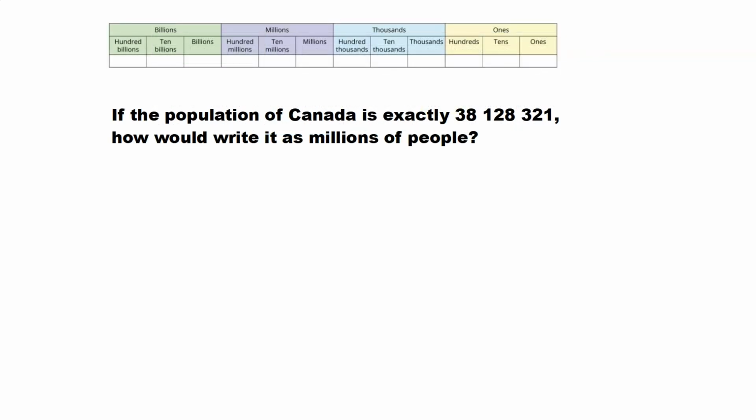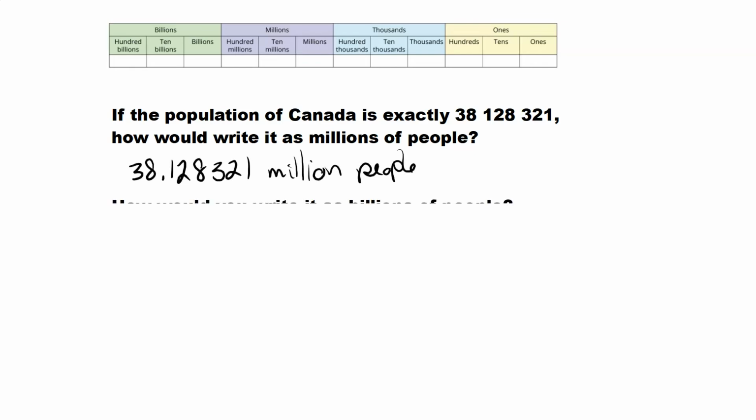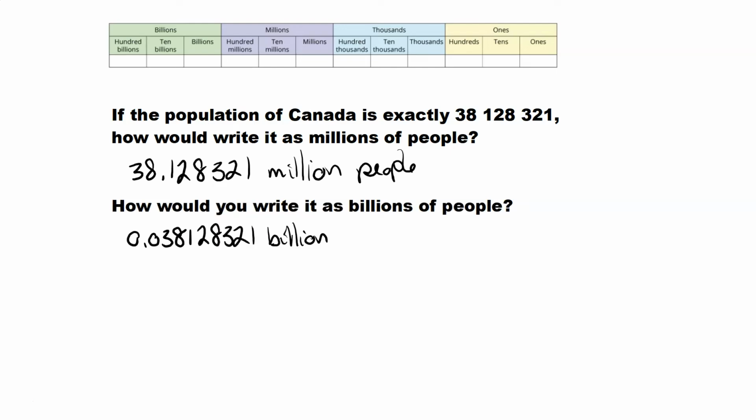If the population in Canada is exactly 38,128,321 people, how would you write it as millions of people? The answer is you'd have 38.128321 million people. Remember, the million means times 10 to the sixth. How would you write it as billions of people? 0.038128321 billion people.